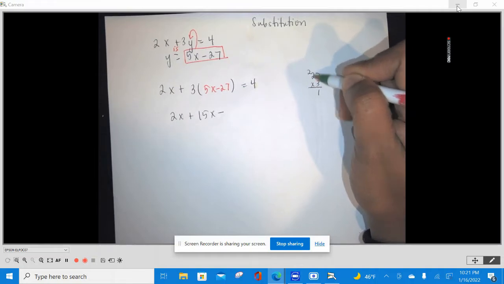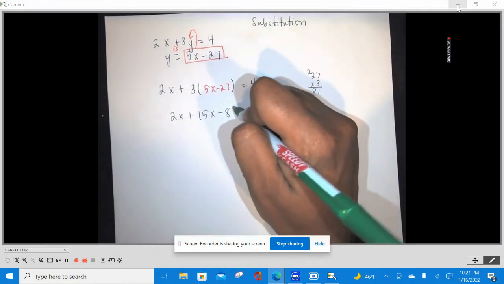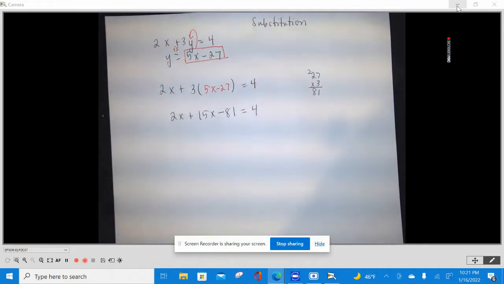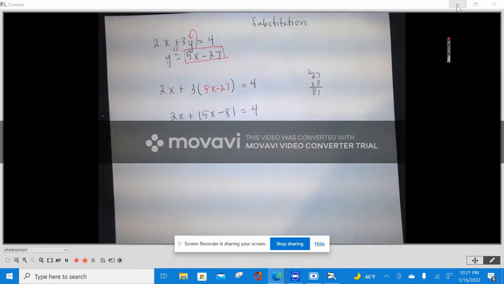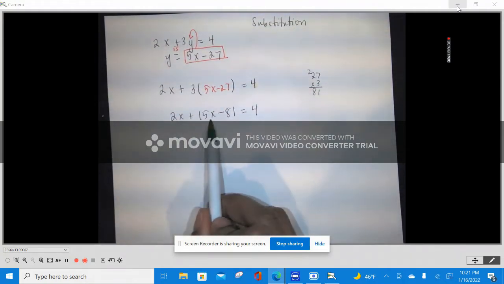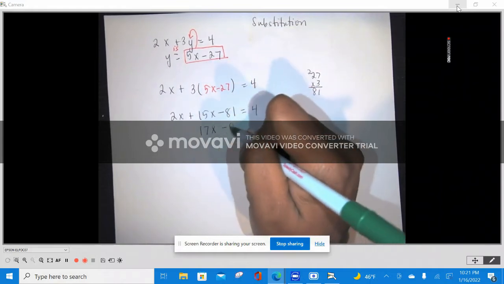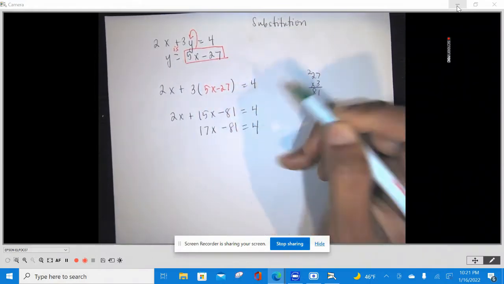This is 6, 7, 8. That's 81. So this is negative 81 is equal to 4. And then we're going to combine like terms. So now when I combine like terms, I get 17x minus 81 is equal to 4.